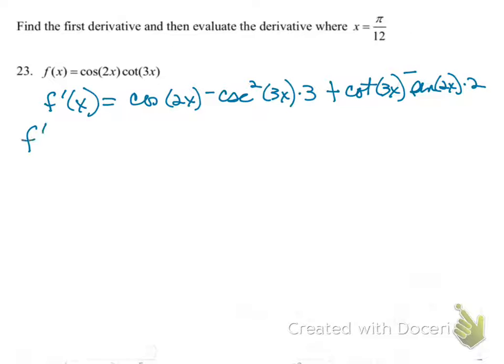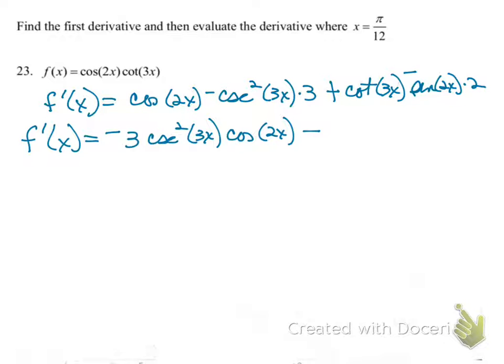Okay, clean up time. Bring the negative in front, bring the 3 in front. I have a cosecant squared 3x and a cosine 2x. The positive becomes a negative because of the negative sign, and right here.